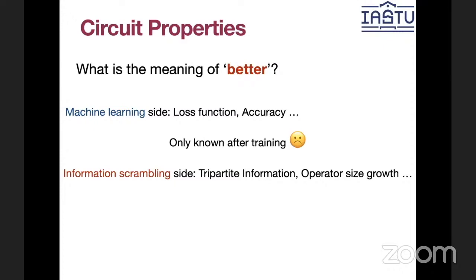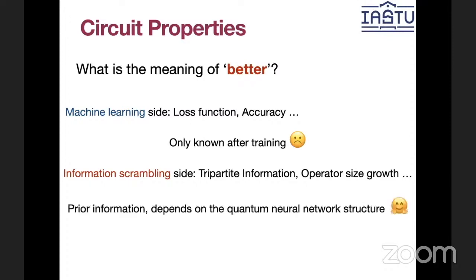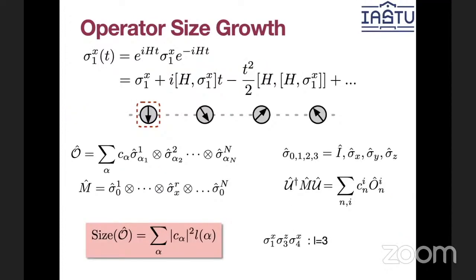But for the information scrambling side, we can use tripartite information or operator size growth to characterize how complicated or how entangled the system is. And these properties are prior information, which depend on the quantum neural network structure. So here we use the operator size growth to characterize the information scrambling ability of a quantum neural network structure.